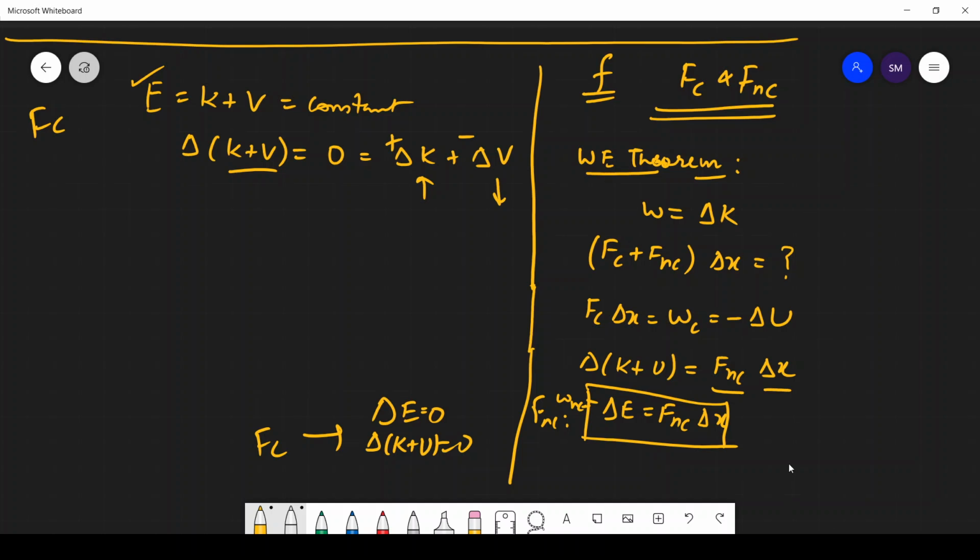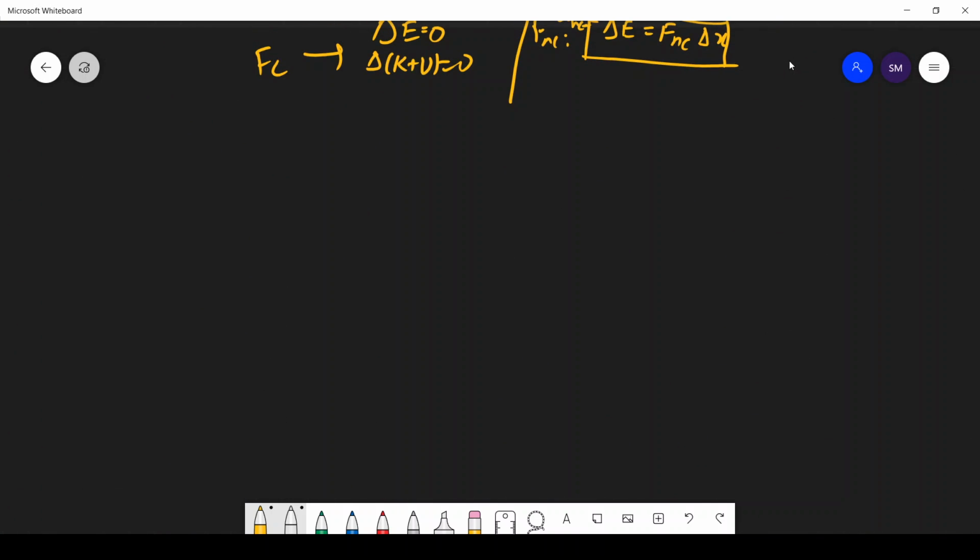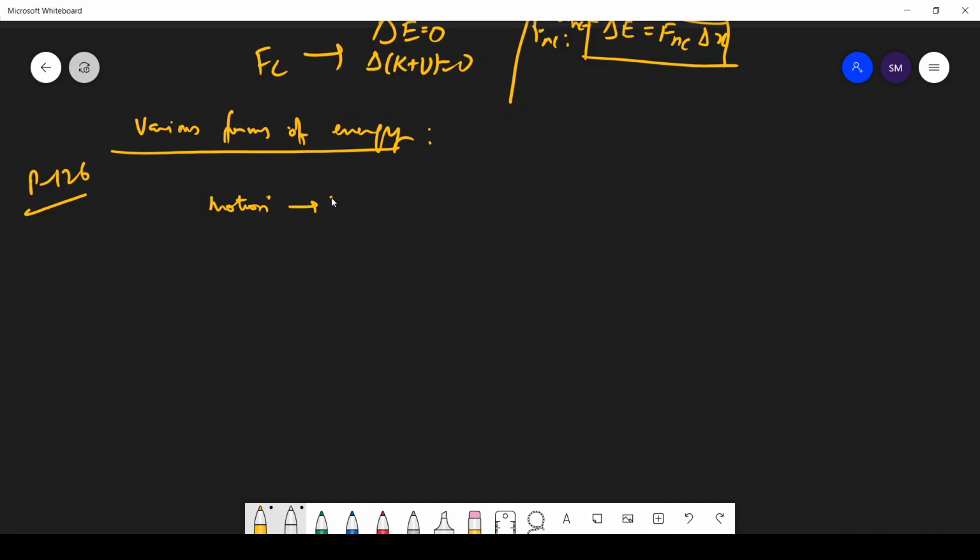Now the next topic we have is various forms of energy. What are the various forms of energy we have? This is page number 126. Energy due to motion, you already know, is kinetic energy. Due to position or configuration, you have potential energy.